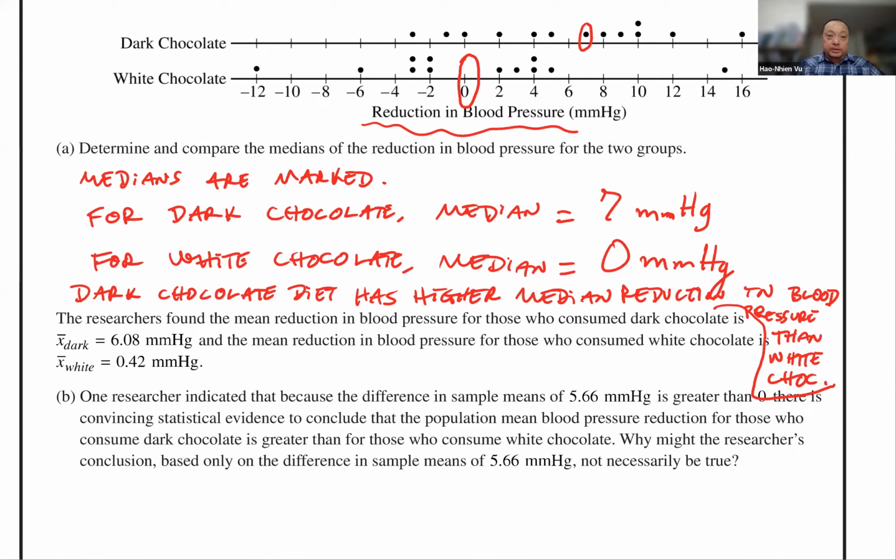Continuing, the researchers found the mean reduction in blood pressure for those who consumed dark chocolate is x-bar subscript dark equal to 6.08 millimeters of mercury. And the mean reduction in blood pressure for those who consumed white chocolate is x-bar subscript white equals 0.42 millimeters of mercury.